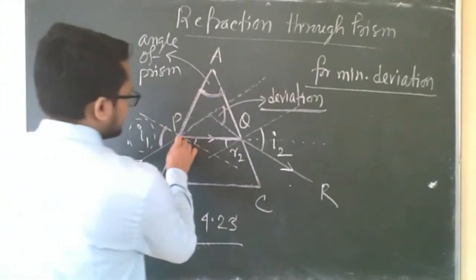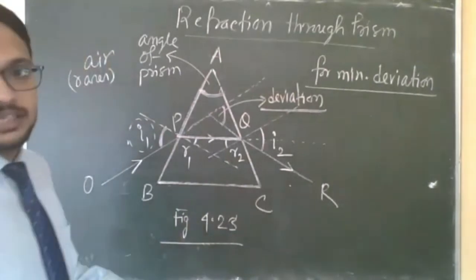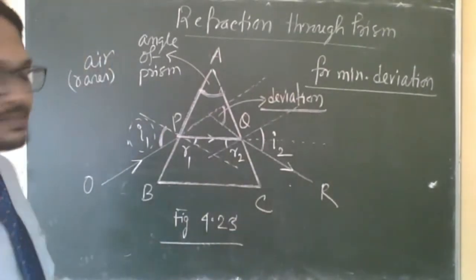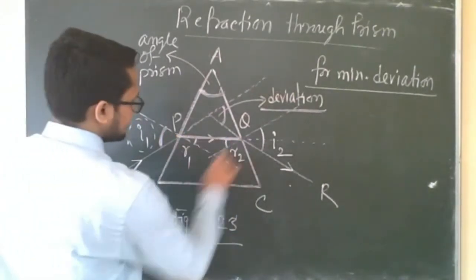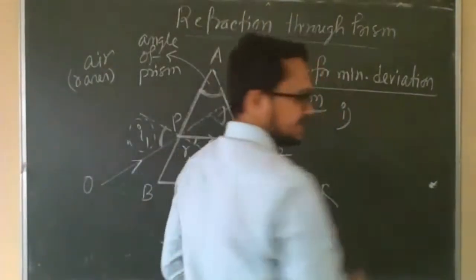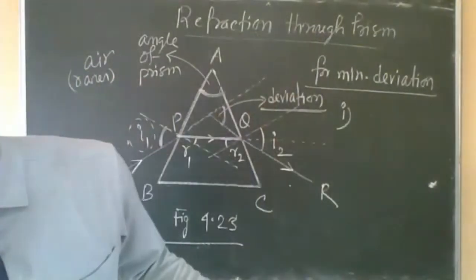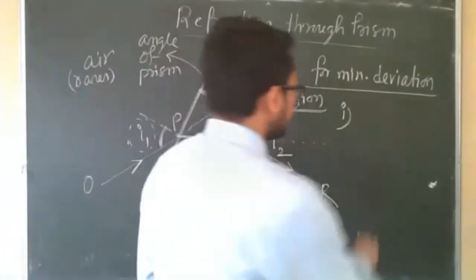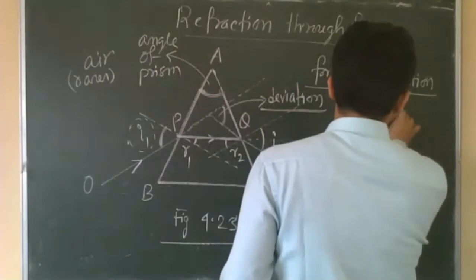So what is the condition for minimum deviation in case of prism? The refracted ray inside the prism should be parallel to the base. First condition. It is written in your book, but not point-wise. You can write it.